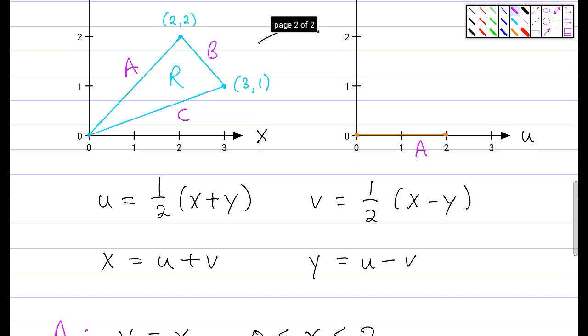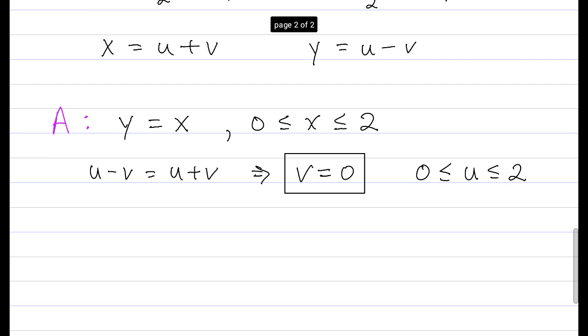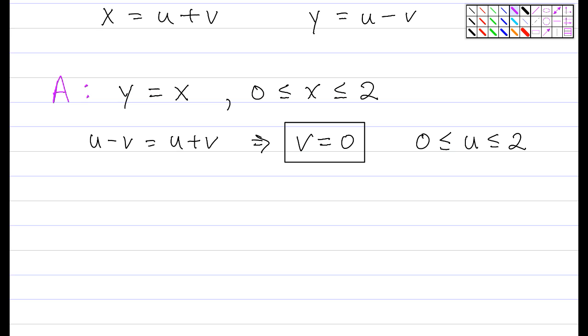Okay. Let's tackle piece B next. Okay, B, let's see, it's got a slope of -1, right? And, well, let's just use the point slope form to figure out what the equation is. It goes through 2, 2, and it has a slope of -1. So for B, y minus 2 must be minus, that's the slope, x minus 2.